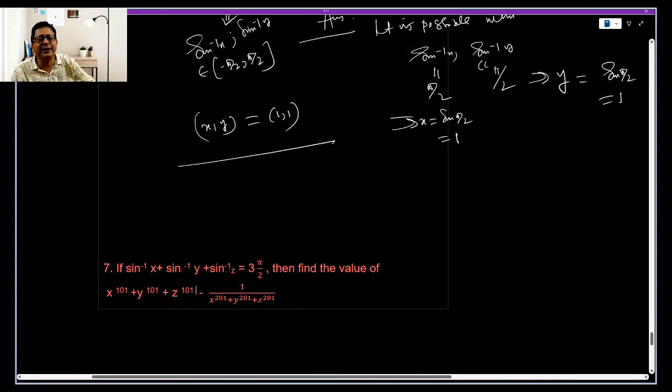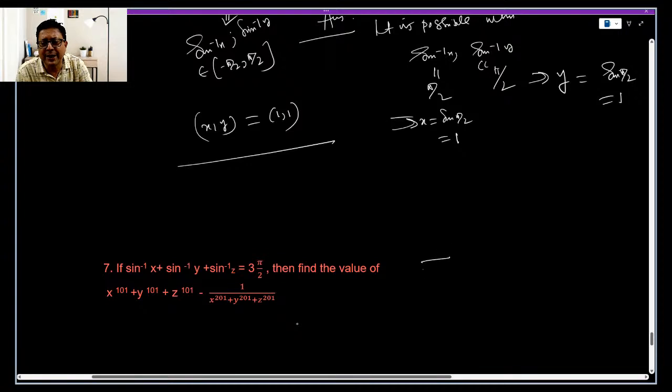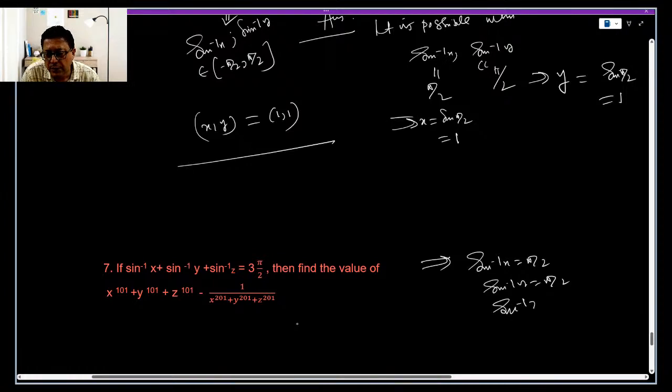Each value should be equal to pi by 2 only. So this implies what? Sin inverse x is pi by 2. The only possible value is this. So this implies x equal to sin pi by 2, that is 1, y equal to 1. So what's the value over there?